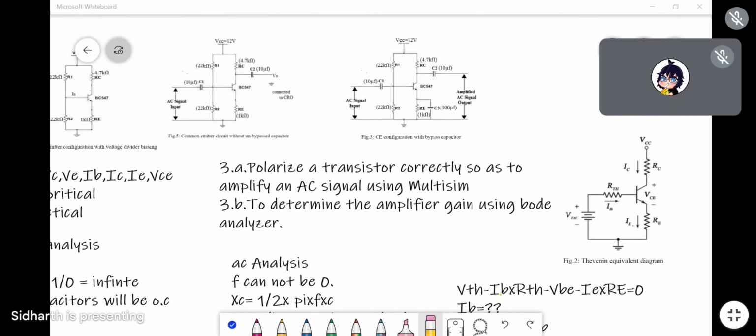One more thing, you will find out the gain also. The gain is output divided by input. So you will find out the gain for the unbypassed capacitor and the bypass capacitor, and you will find out which one will be better. Which will provide the better gain. You have to find that between these two circuits.